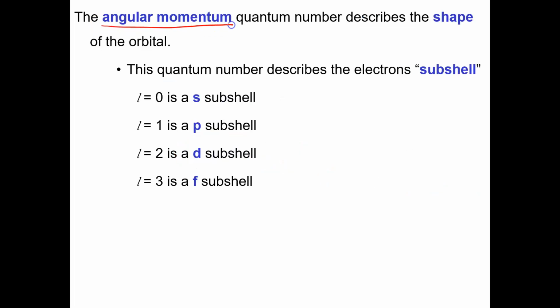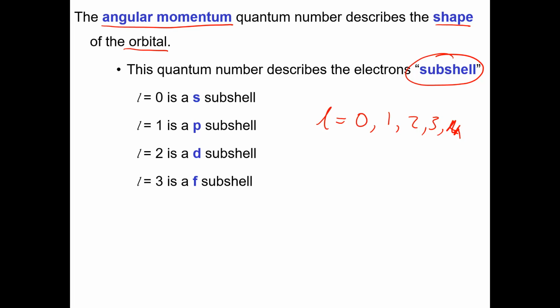The angular momentum quantum number describes the shape of the orbital. Sometimes this is referred to as the subshell type. l can take on values in the known atoms between 0 and 3.